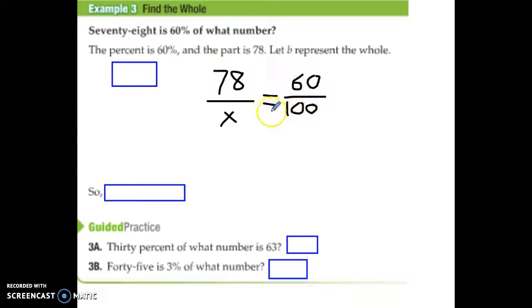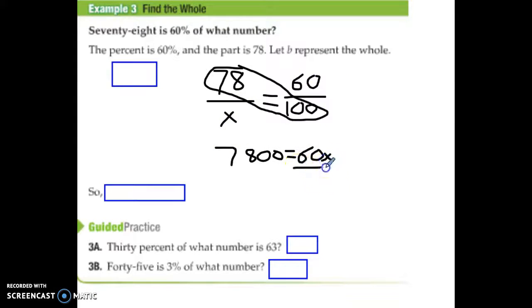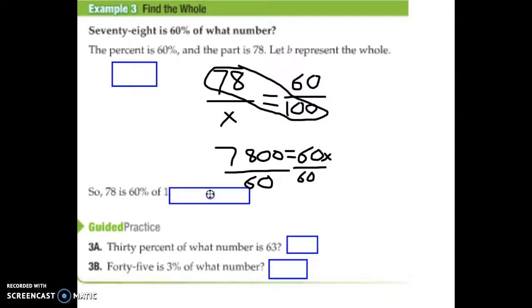Cross multiply. 78 times 100 is going to be 7,800. Equals, cross multiply these two together, I get 60x. And now I divide both sides by 60. And then my answer is going to be 130. So 78 is 60% of what number? Well, that number is 130.